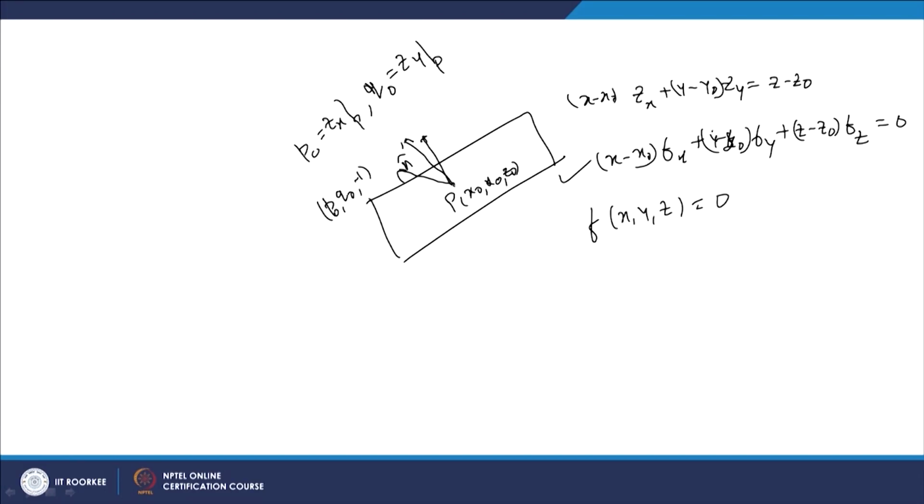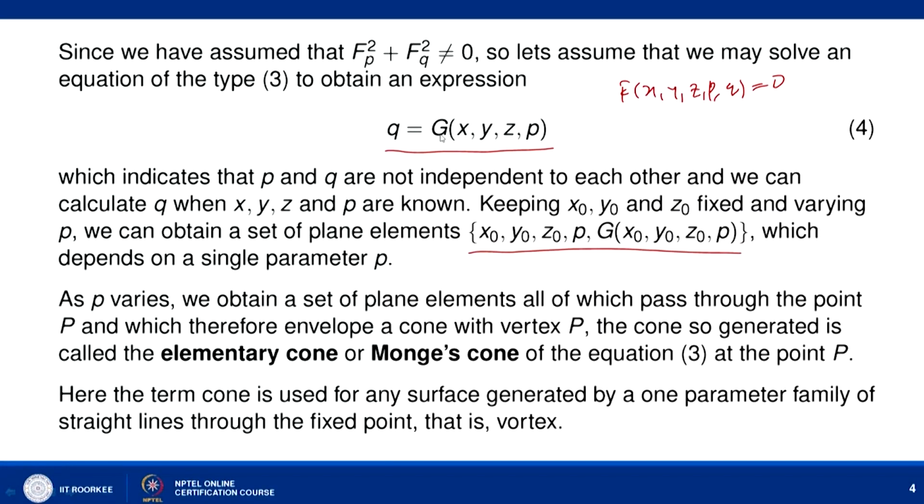In this way your tangent line can trace a figure like this, which has its vertex at the point p, and at every point you have this tangent vector, and here you have another normal vector. So, we can say that these plane elements trace a kind of cone which we know as the elementary cone.